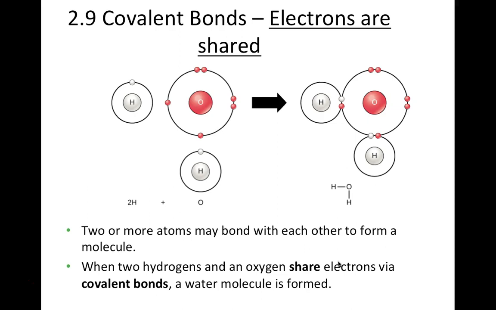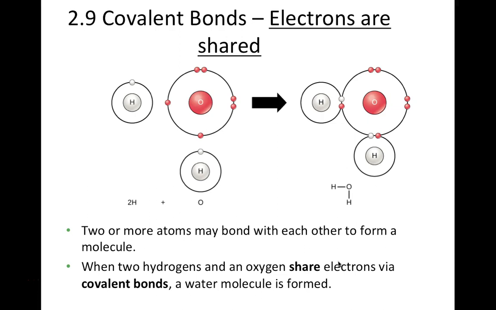And notice the electrons of the oxygen are illustrated in red, and the electrons of the hydrogen atoms are illustrated in white. Well, they're not really those colors, but this is to give you an idea of how covalent bonds are sharing electrons between different atoms of either the same or different elements.